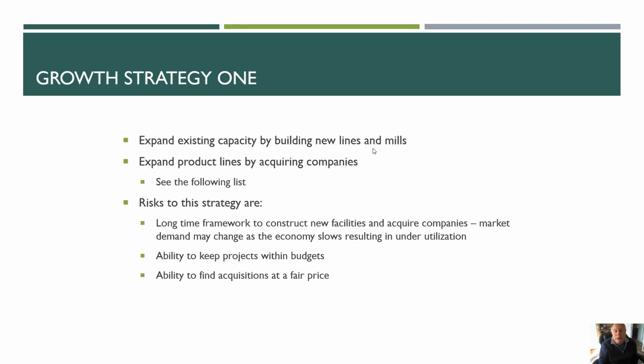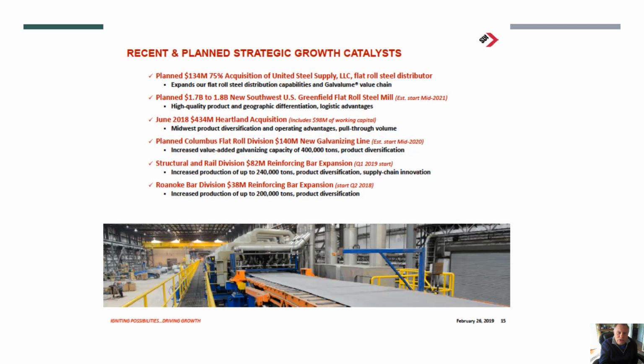It takes time to build a plant, and the market demand may change. And what we're seeing with COVID-19 clearly has changed that. Ability to keep projects within budgets. Ability to find acquisitions at a fair price. So that's the summary of what they're going to do. But this is right out of their investor presentation. These are the things they're going to do.